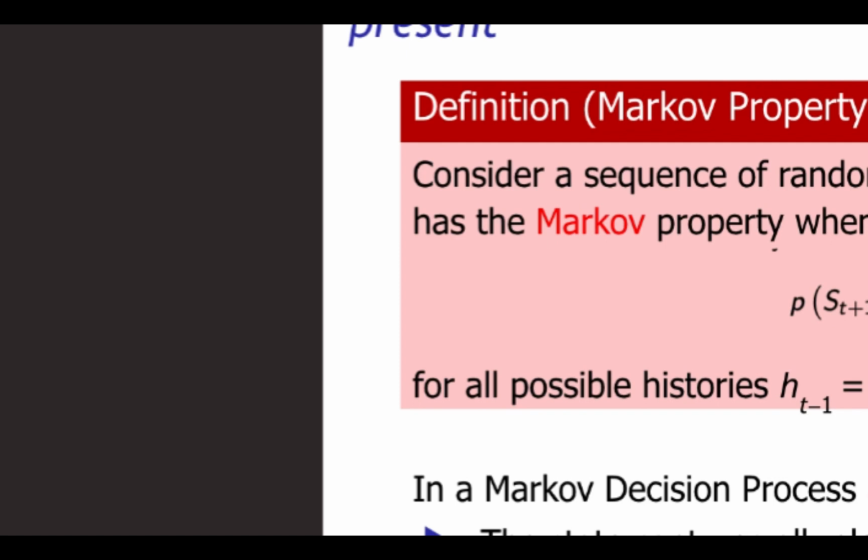Specifically, we are not talking about all actions that appeared so far, but we are talking about the action at time t, the current action. So this is also true. The third one, the probability of the next state given the current state and action, which is the same as the previous one, is equal to the probability of the next state given the sequence of states.